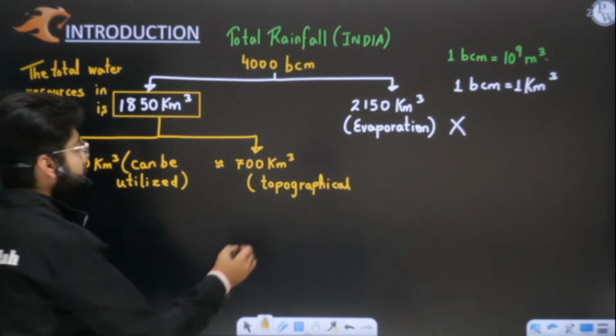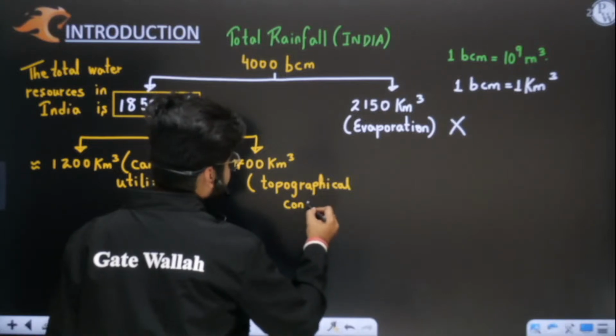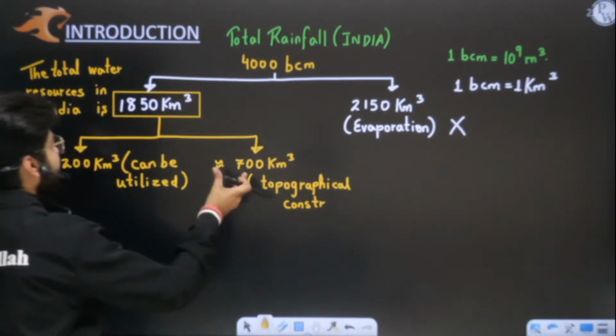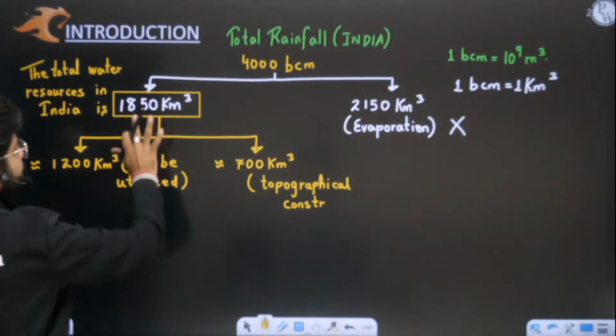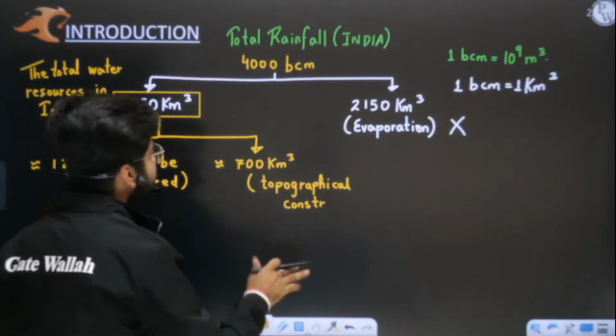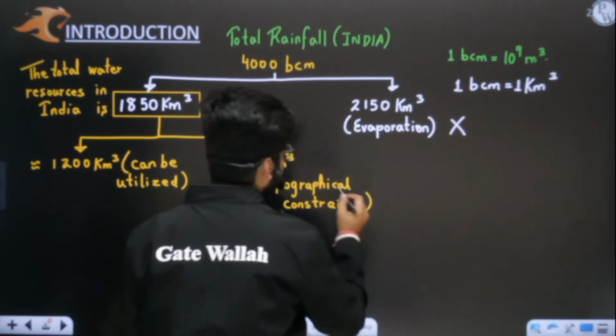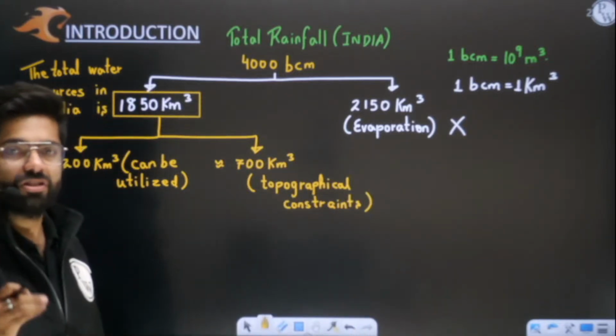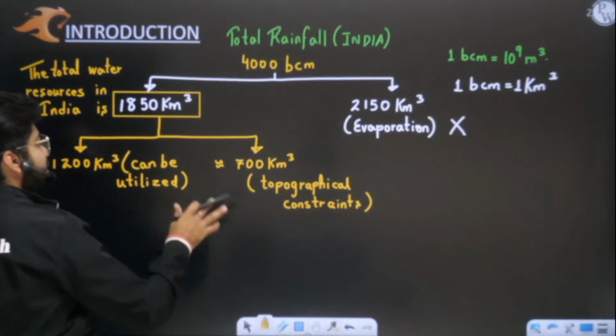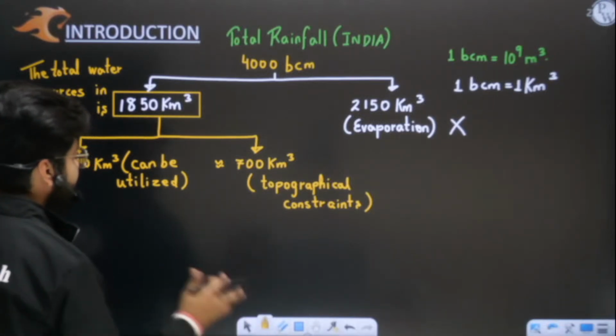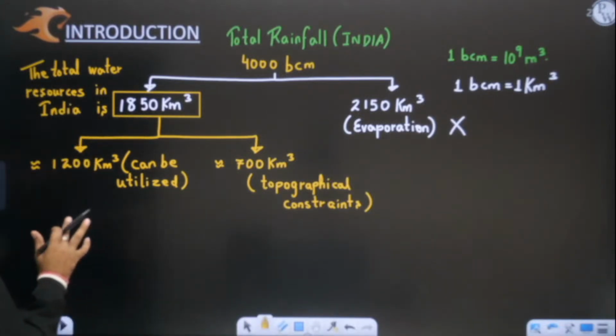So because of topographical constraints, approximately 700, if you sum it up, it will be approximately 1900. So because of topographical constraints, we are losing more water. Approximately 700 kilometer cube we are not able to access. We will not be able to reach there.